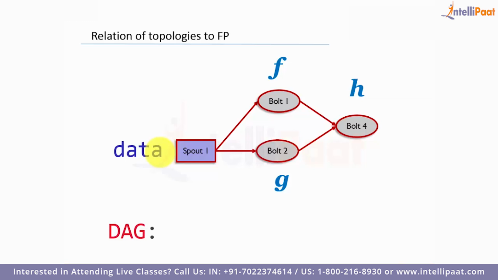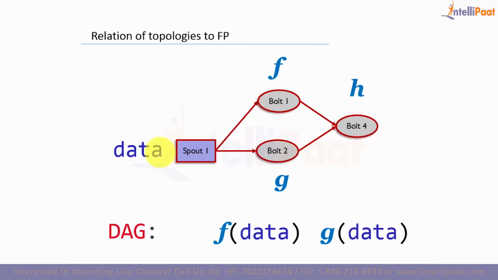So the DAG in this case may look like, first of all, function f on the data that I'm going to receive, and function g on the data that I'm going to receive. Bolt 1 will perform function f on the data, and bolt 2 will perform function g on the data.